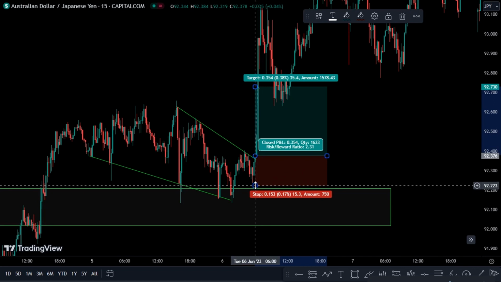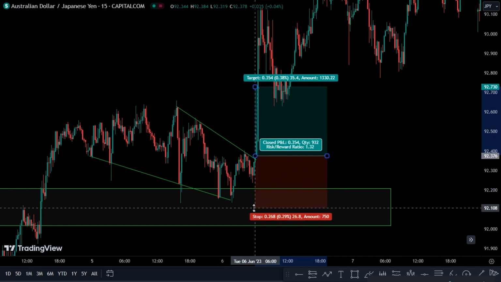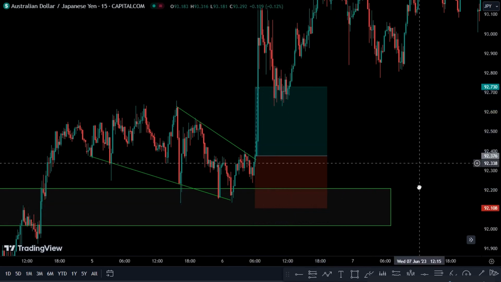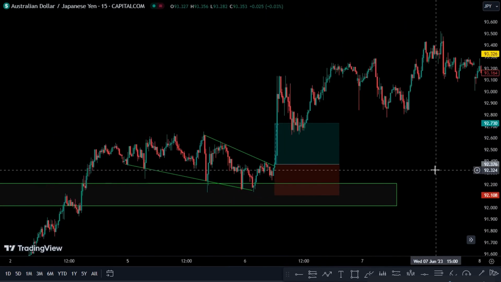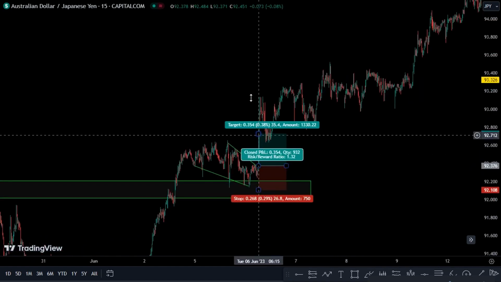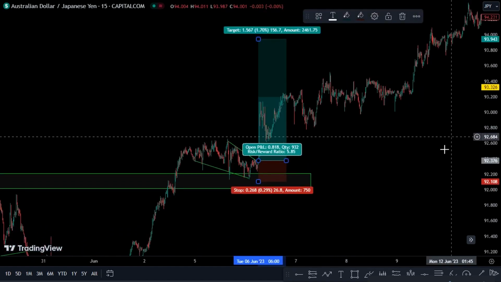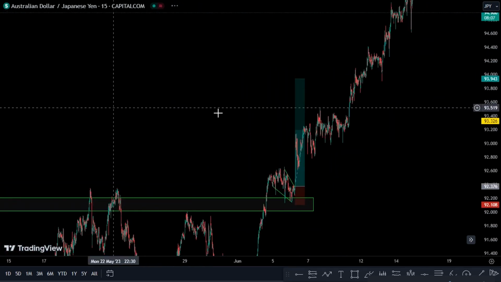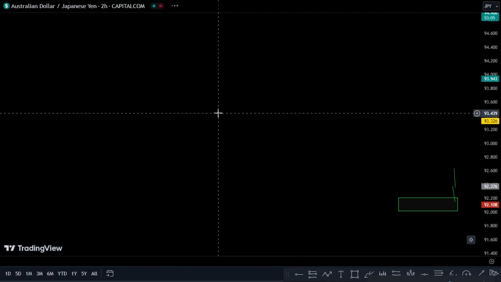But if you want to be conservative, you can just put it below this structure right here. It's still a very reasonable stop loss, the 26 pip stop loss, and then you drag your take profit to where your next significant structure was. Okay, switch to 2 hours.